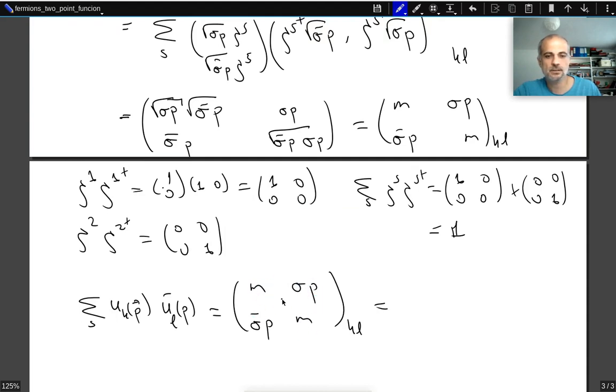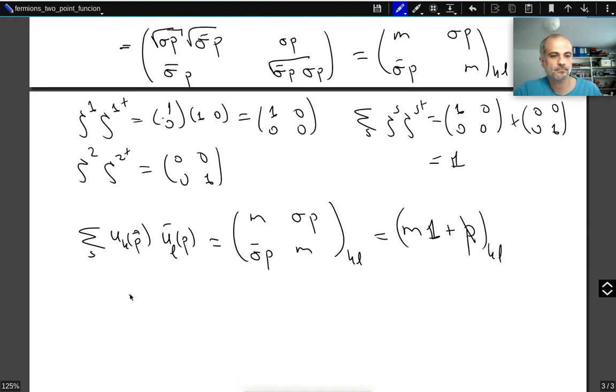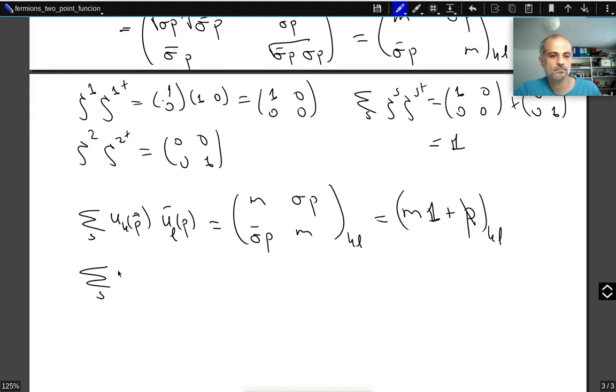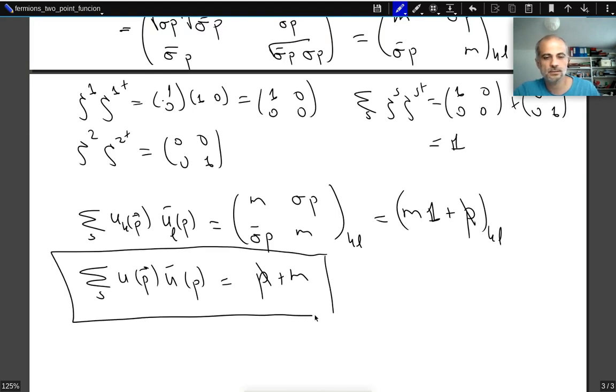But you see, this is nothing but M times the identity matrix plus P_mu gamma^mu, or P slash, the KL element. So let me just remove the indices also. Okay, so at least we have another matrix identity for these spinors.